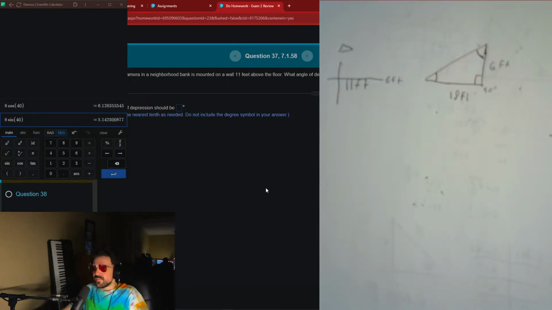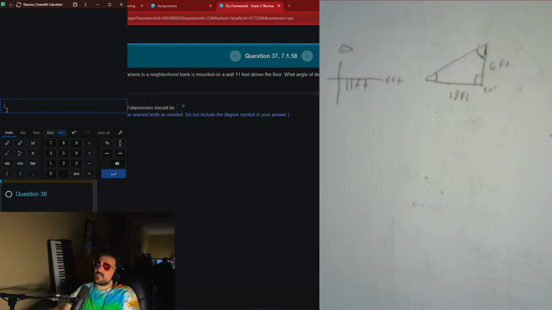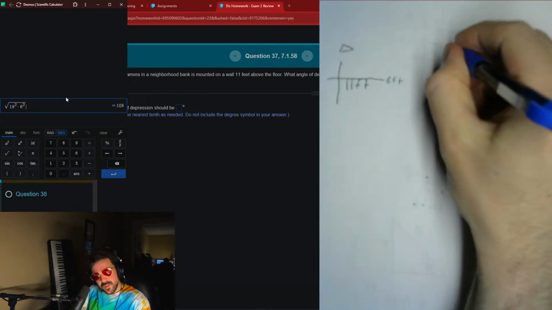18 squared plus 6 squared. So hypotenuse is 108.